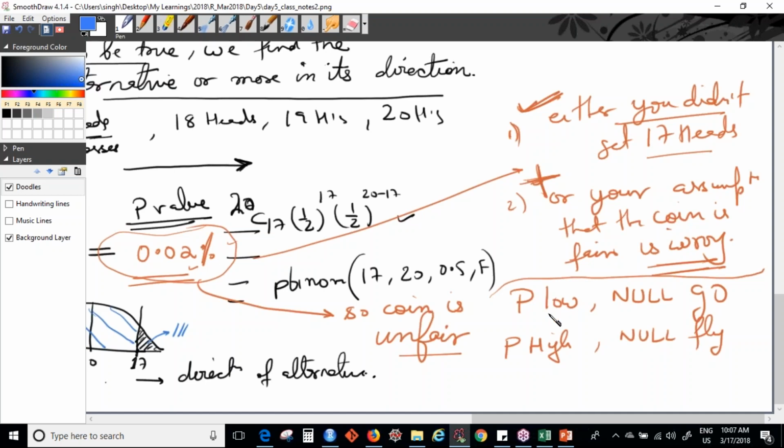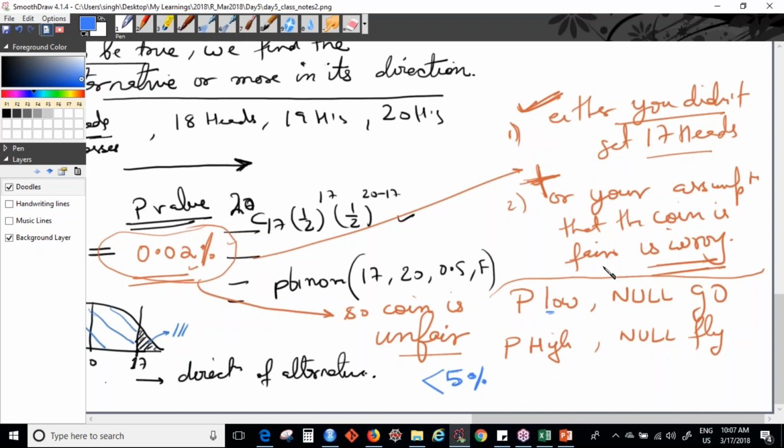So what does P low mean? Usually the threshold is considered as 5%. If your P value is below 5%, you reject your null hypothesis. If your P value is above 5%, you don't reject your null hypothesis. Here we are getting a P value of only 0.02%, so we will reject our null hypothesis.